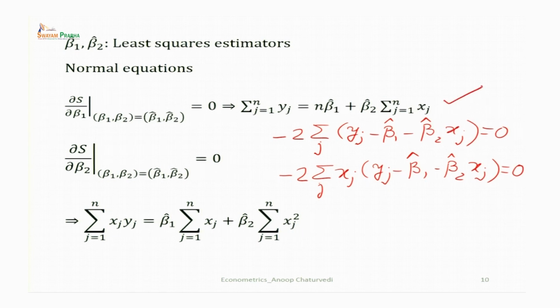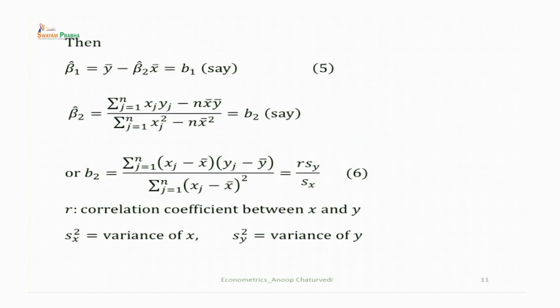So, you get these two equations and then we solve these two equations for obtaining the values of beta 1 hat and beta 2 hat. So, from the first equation we write y bar equal to 1 by n summation y j, which is the mean of all the y j's, and x bar equal to 1 upon n summation x j. From the first equation we obtain beta 1 hat equal to y bar minus beta 2 hat x bar, and then we write it equal to say b 1.